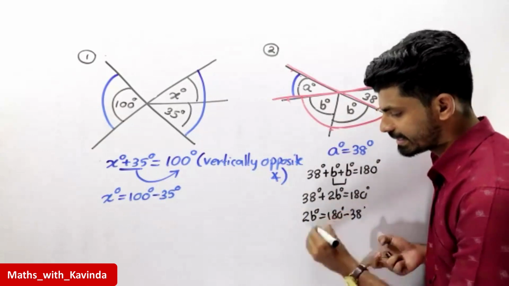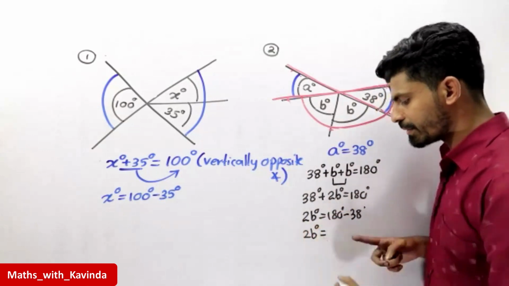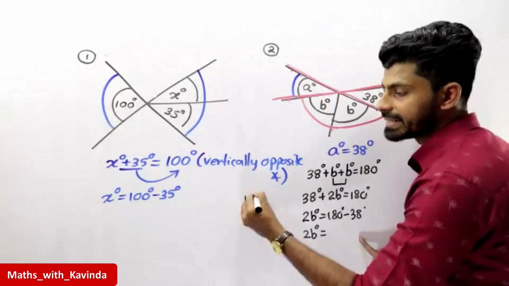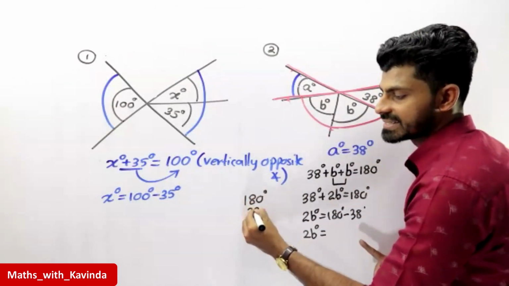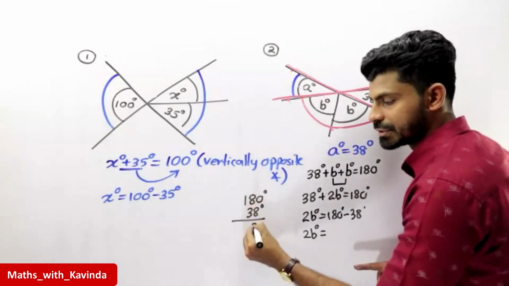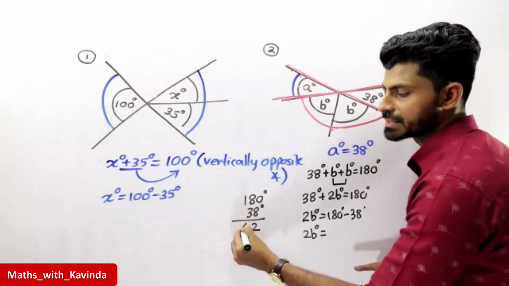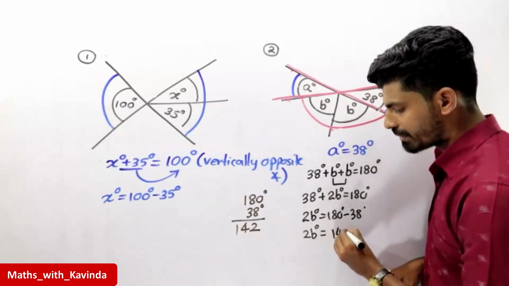So 2B equals 180 minus 38, which is 142.